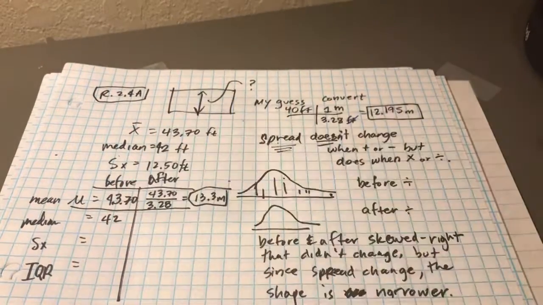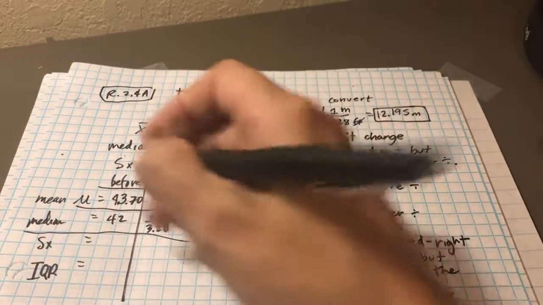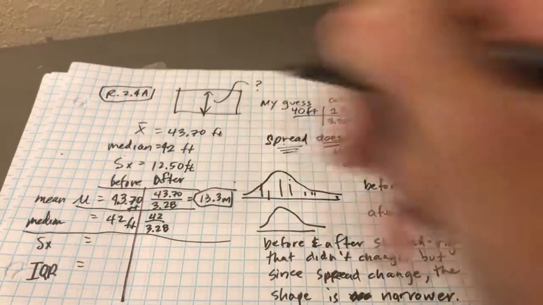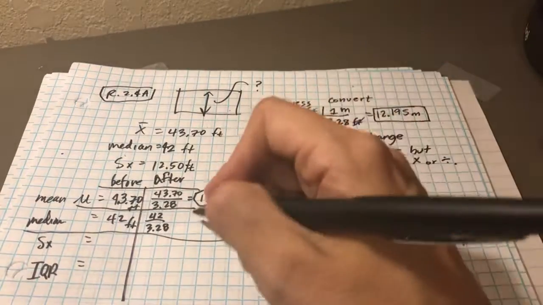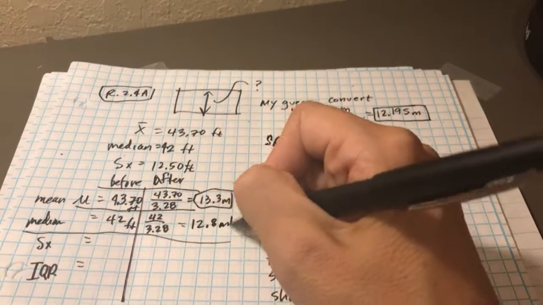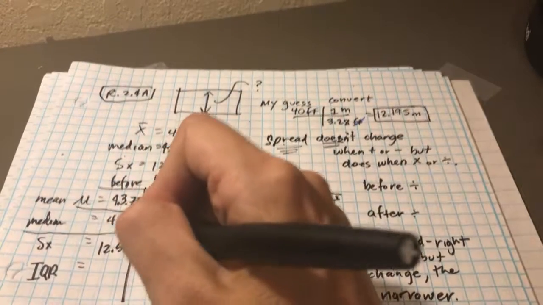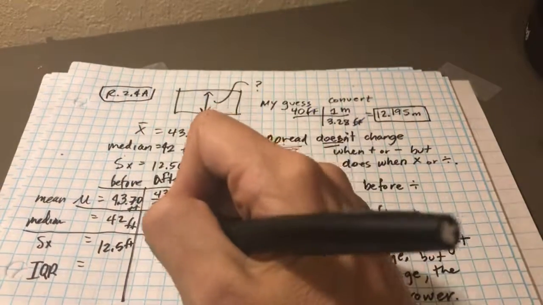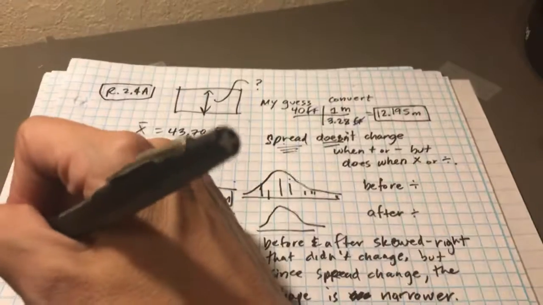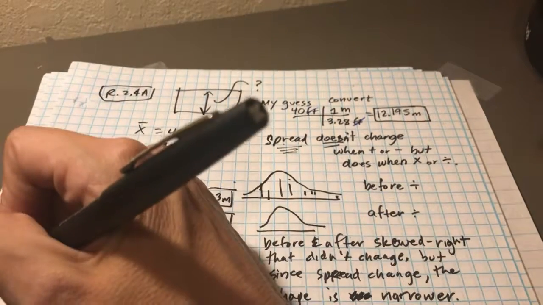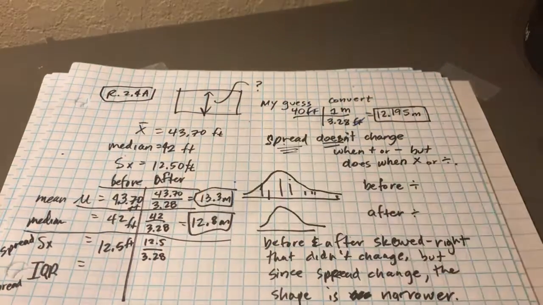My median is 42, so that gets divided by 3.28 because it was in feet and now it's in meters. The standard deviation was 12.5 feet. And normally this standard deviation is a measure of spread. Normally those don't change when I add or subtract, but they do change when I multiply or divide. So I am going to divide by 3.28.